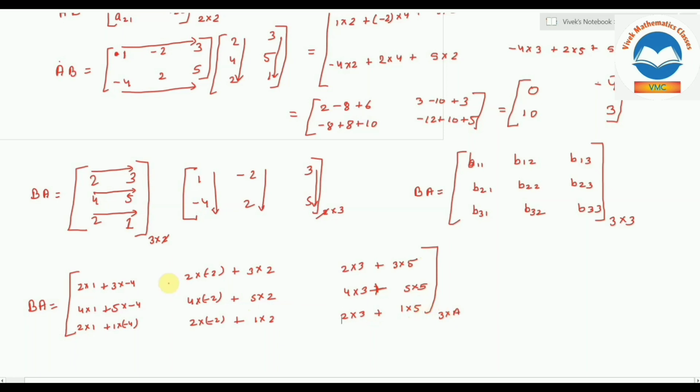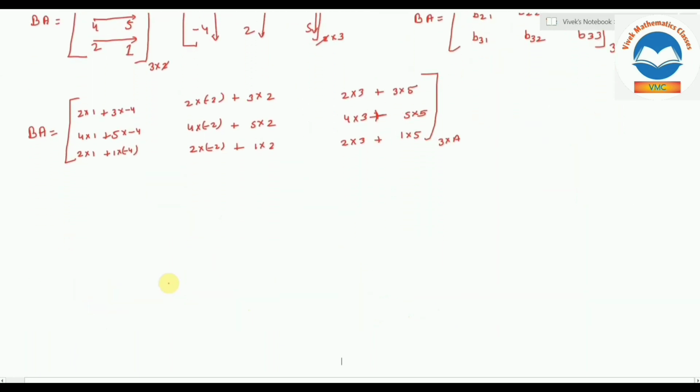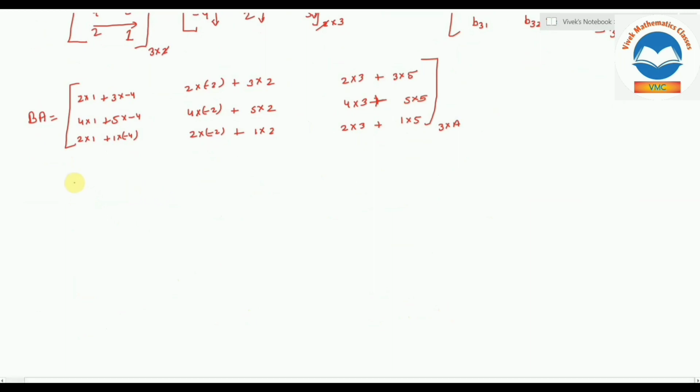So we will simplify this, we will get the answer. So here what we will get? 2 minus 12, and here we will get minus 4 plus 6, and here 3 into 2, 6 plus 15.